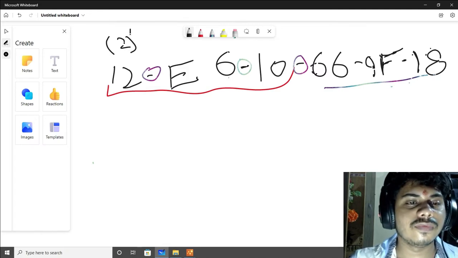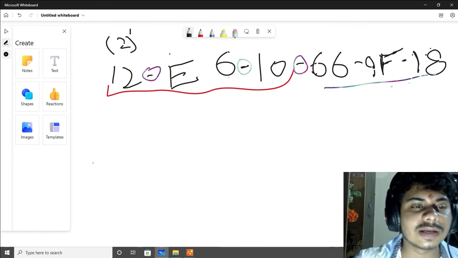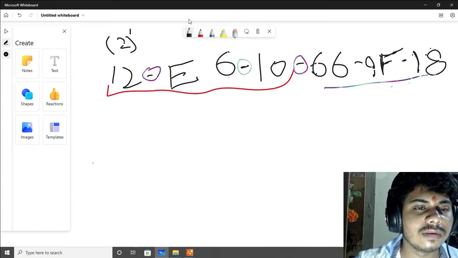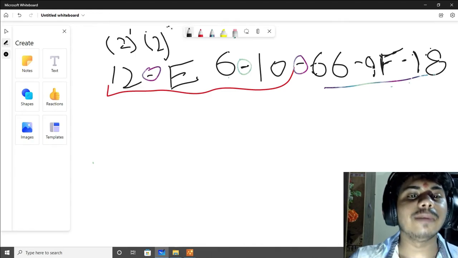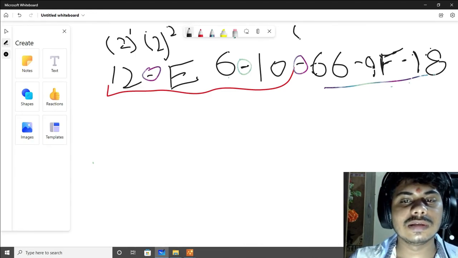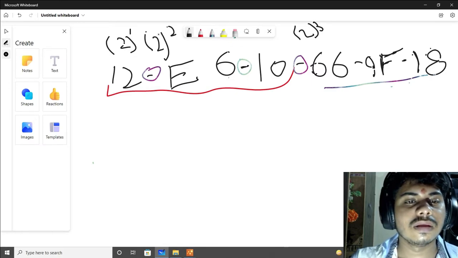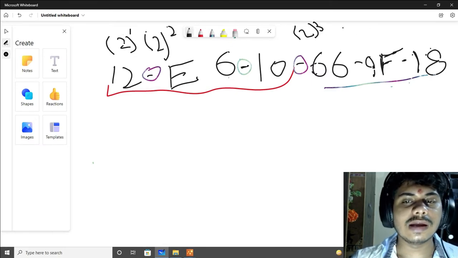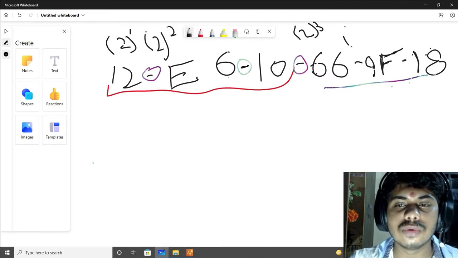In the first case the power is 1, then in the second case the power is incremented by 1. In the third case the power is incremented by 1 again. Now you will increment again.